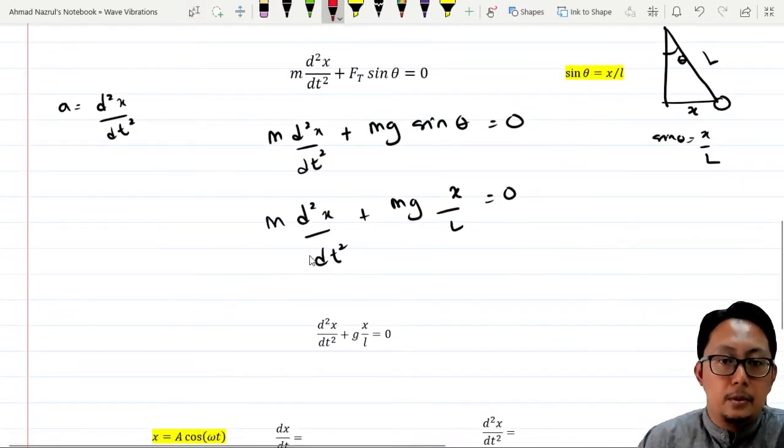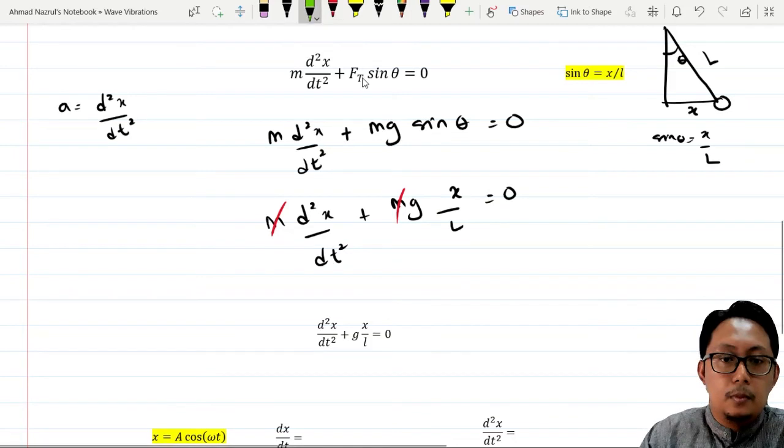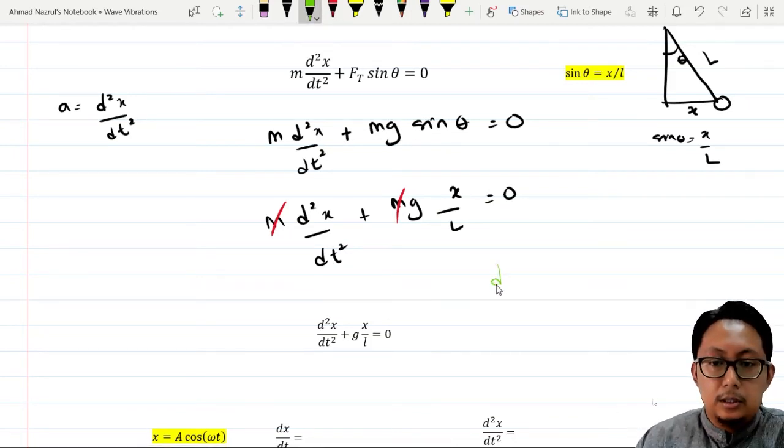So finally we get d squared x over dt squared plus g over L x equal to 0.